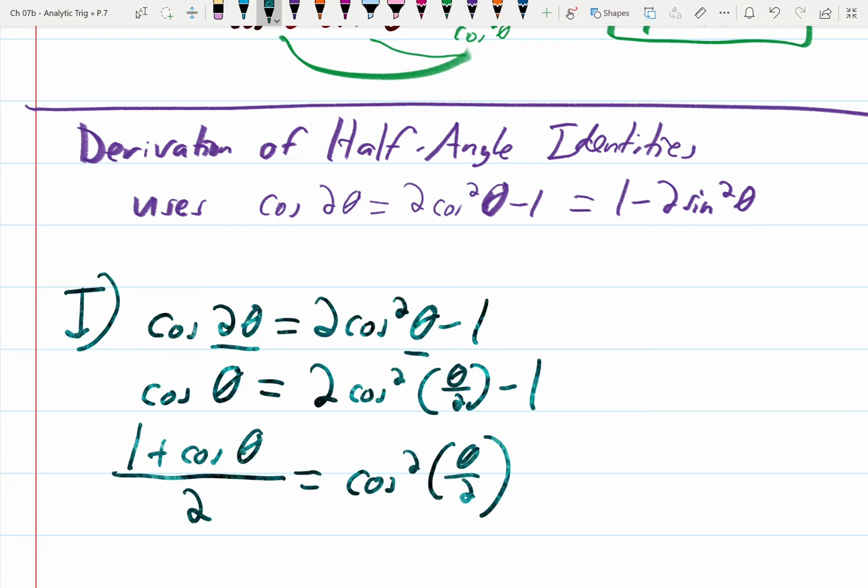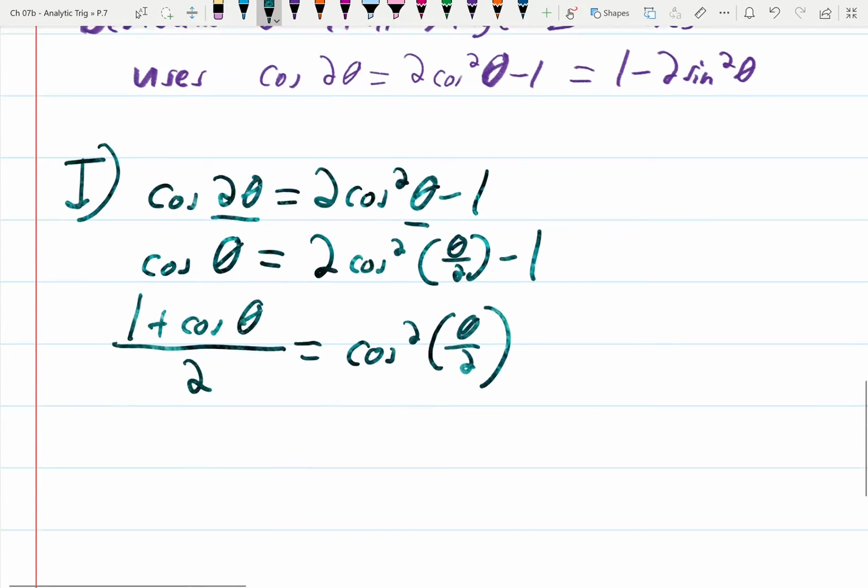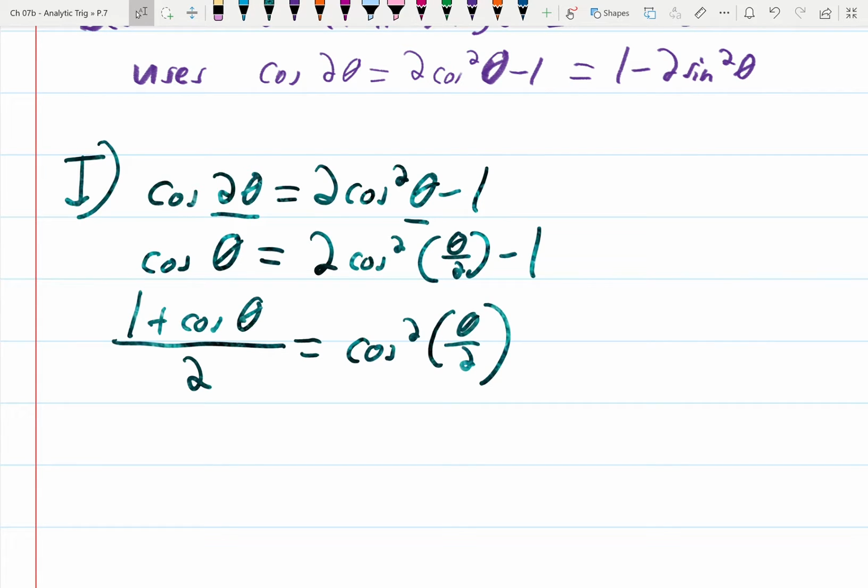And then how do I get the cosine by itself if it's cosine squared? Guys, what's the opposite of squaring something? Cosine of theta over 2 equals, I know this instinct's building in with you, it's a plus or minus square root. But, and there's a big but here.